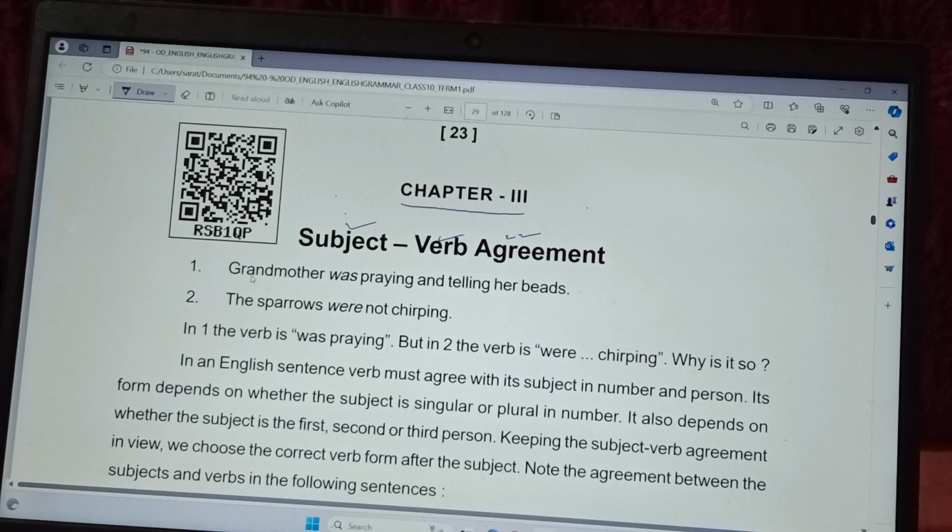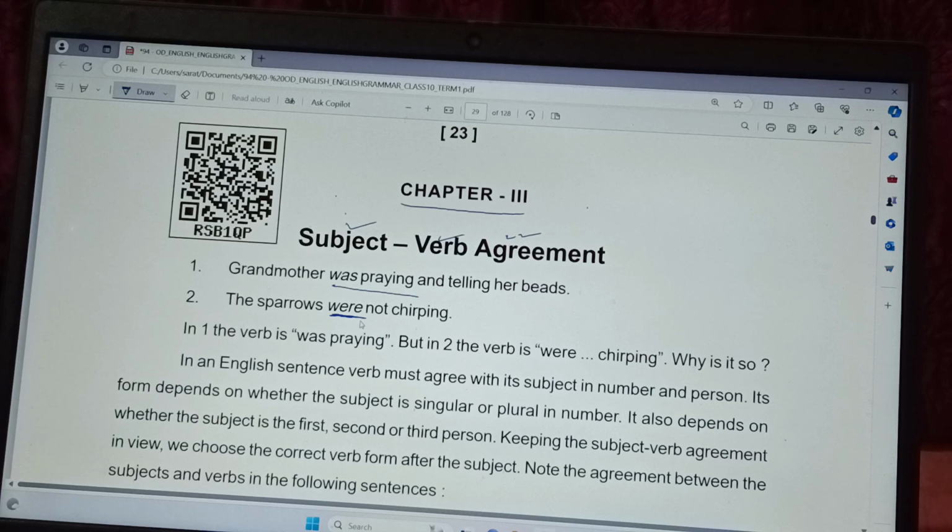Students, grandmother was praying and telling her beads. Now the example 2, the sparrows were not creeping. Here students, in example 1, was praying is the verb, and in the second sentence, where is the verb?